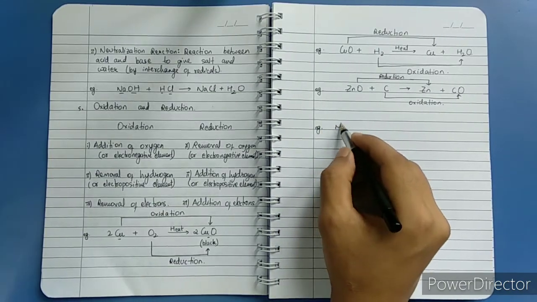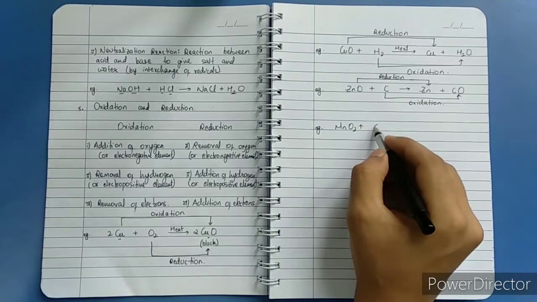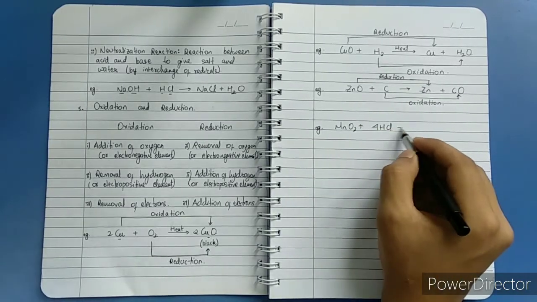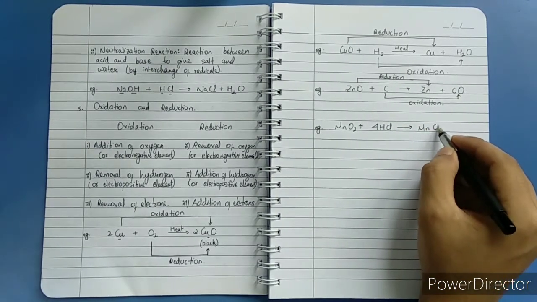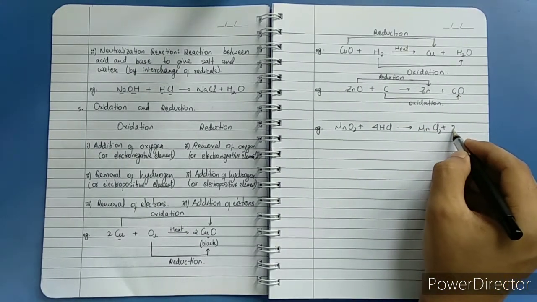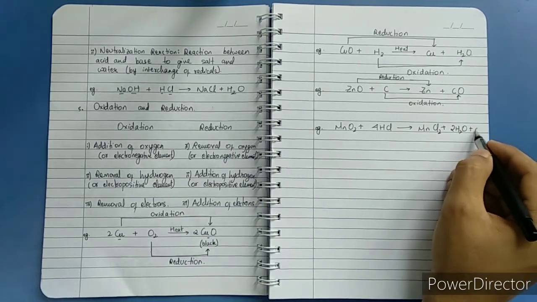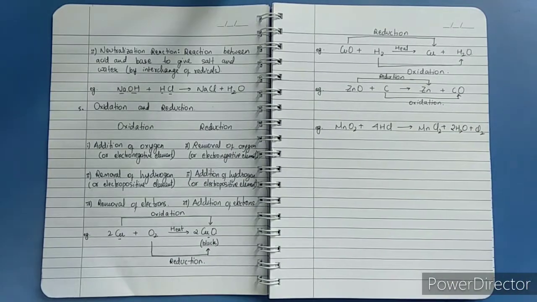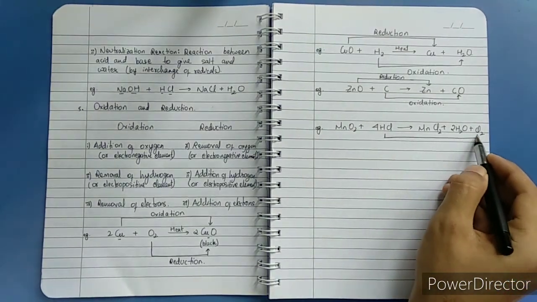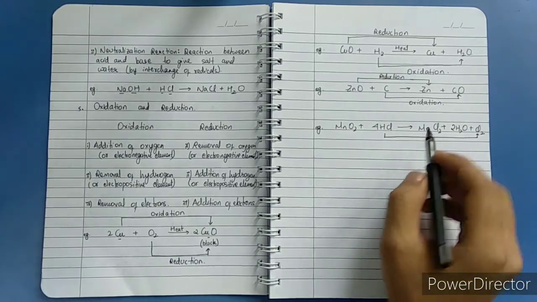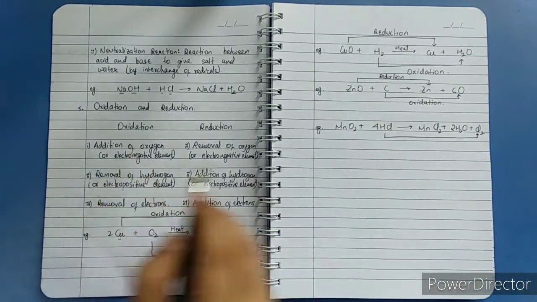Next example, manganese oxide reacts with hydrochloric acid to give manganese chloride plus water plus chlorine. So here what is happening is our HCl is getting converted to Cl2. So there is loss of hydrogen. Removal of hydrogen is oxidation.